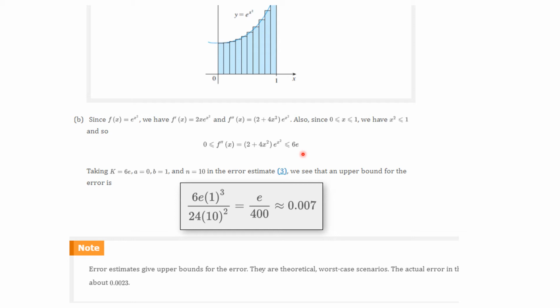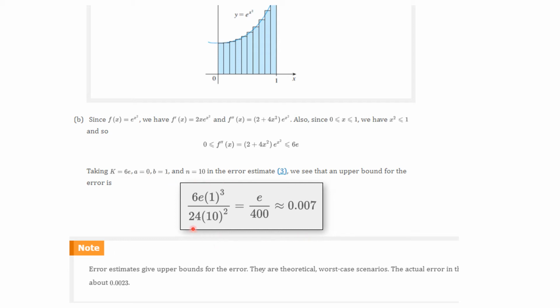That means we can take k, the maximum, to be 6e, that is a number. a is 0, b is 1, n is 10.